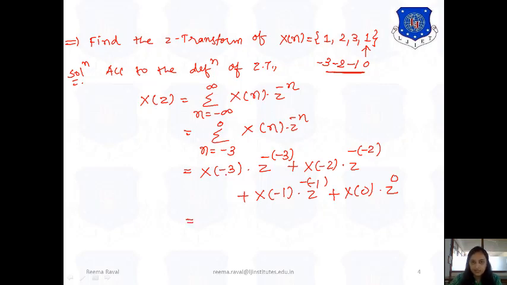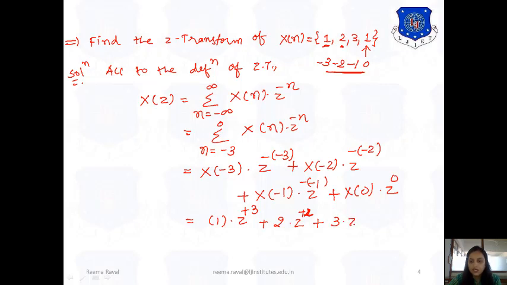Now x of minus 3 given to you over here is 1. So here we will place 1 into z raised to minus minus, that is plus 3, plus x of minus 2. X of minus 2 is 2. So this is 2 into z raised to plus 2, plus x of minus 1. X of minus 1 given to you is 3.